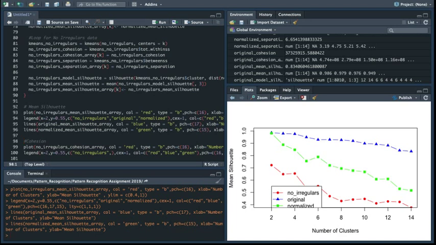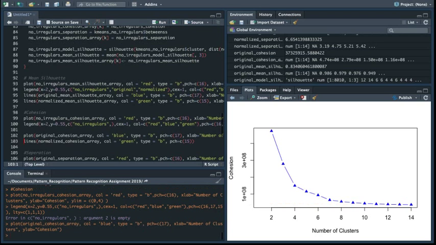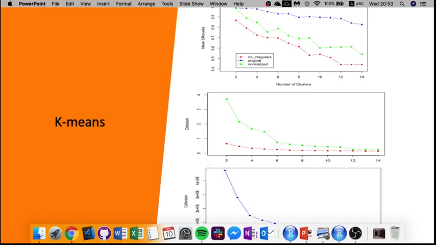And let's now plot the cohesion as well. Now you can see, and actually we have it here, the cohesion for the two data sets, the normalized and the no irregular ones that are normalized, so all the distances between the points are from 0 to 1.